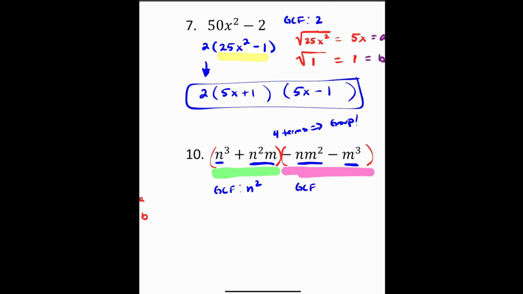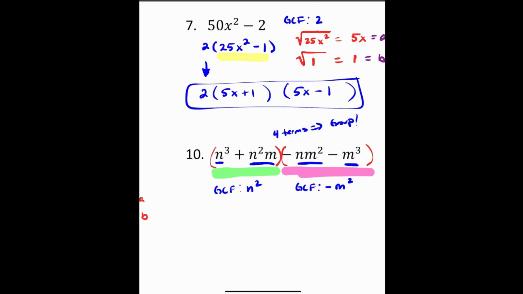So the GCF should have a negative. And then these two terms carry an m. So we're going to factor out an m, but since there is a 2 and a 3 in terms of exponents, what I need to put here is the smallest of the two, which is 2. The exponent of 2. That's the GCF between these two terms.